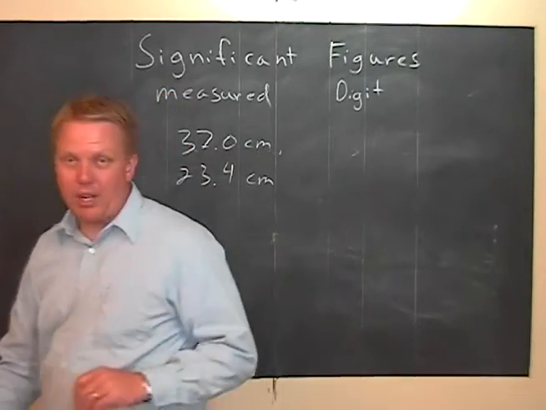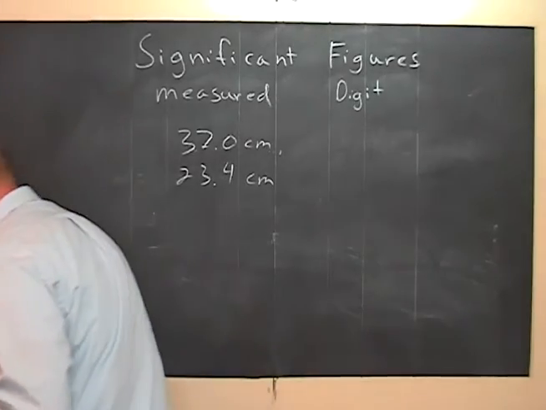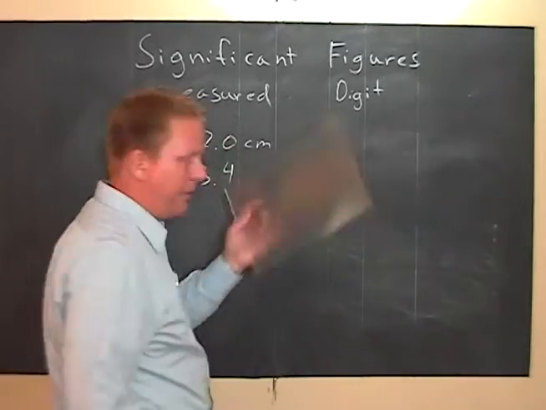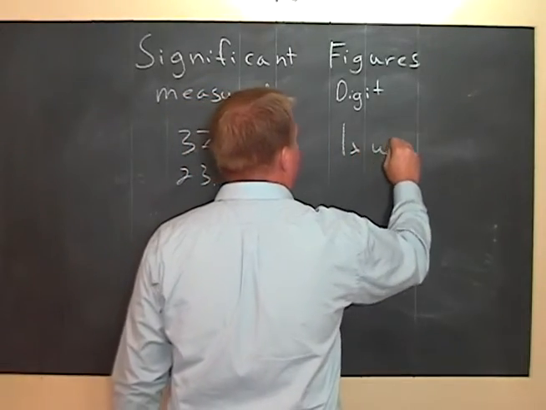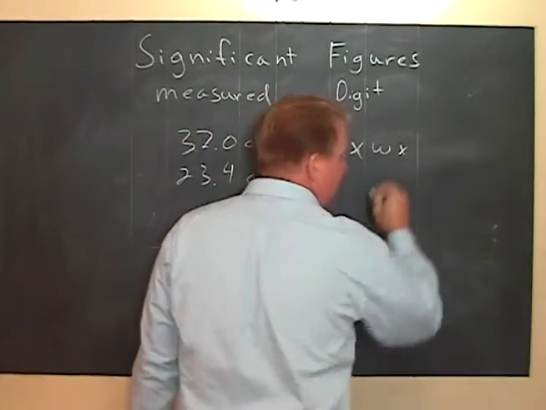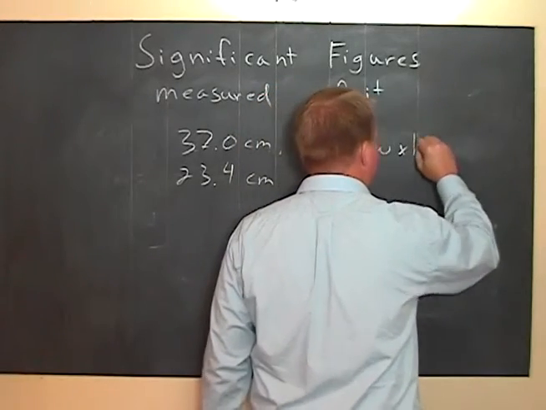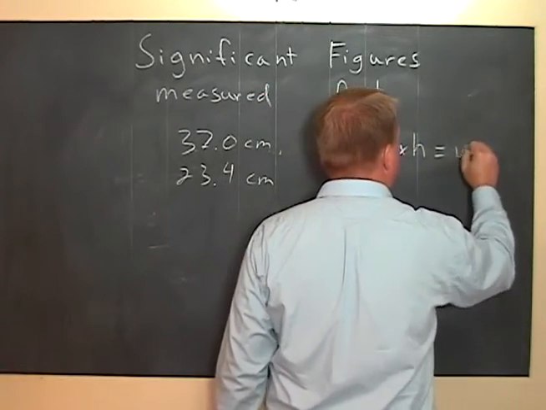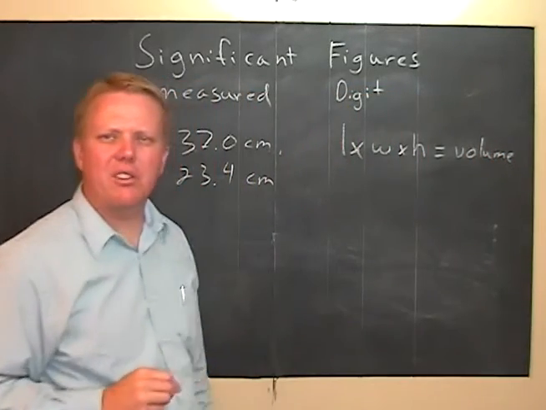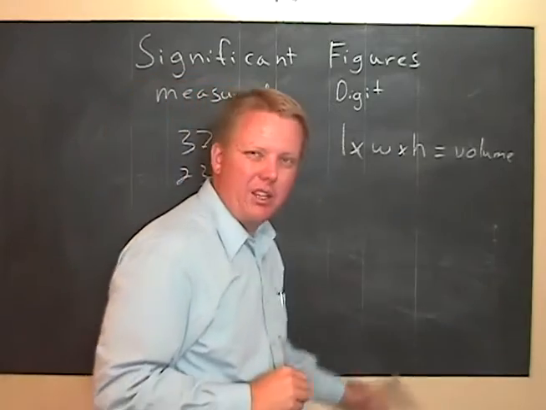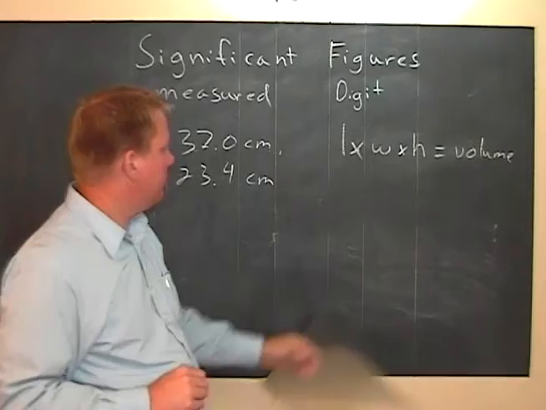Let's say we wanted to find not just length times width now, but we want to find the actual volume of space taken up by the piece of plastic. That's, if you remember right, length times width times, what is it, class? Height, thank you, you're good. Equals volume. And hopefully that fits on the screen there. It's probably off the end, I can't tell. Anyway, length times width times height equals volume.